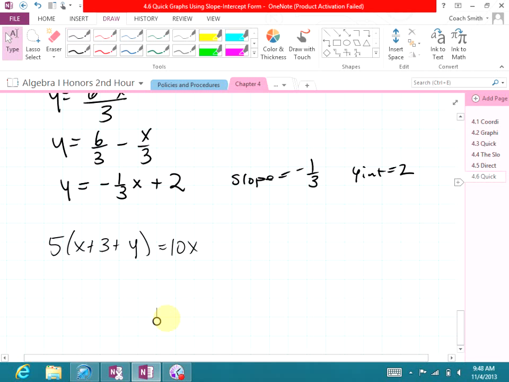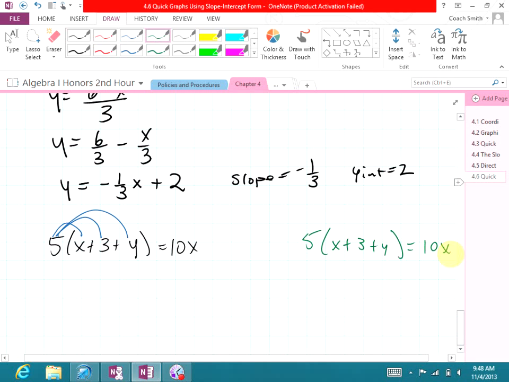It's still the same things that we've talked about in Chapter 3. We just have to distribute the 5 to everything inside the parentheses. Now, there's another way you could do it, which realistically might be a little easier, and that is to get rid of the 5.